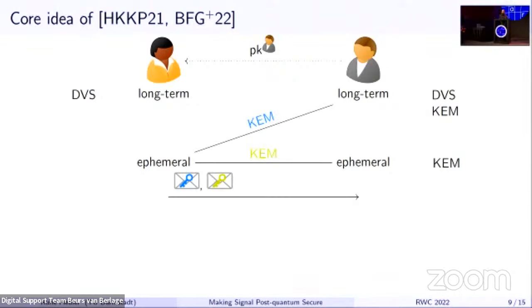Alice encapsulates against both of Bob's KEM keys, resulting in two KEM ciphertexts. And next, we still need this deniable authentication, which was a problem earlier, and we use the DVS signature for this. So we have a designated verifier signature designated from Alice to Bob, and the message we're signing are the two KEM ciphertexts. This is the core idea of our protocol.